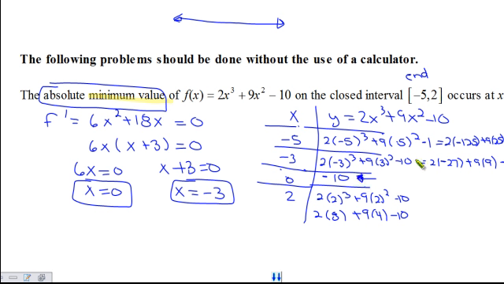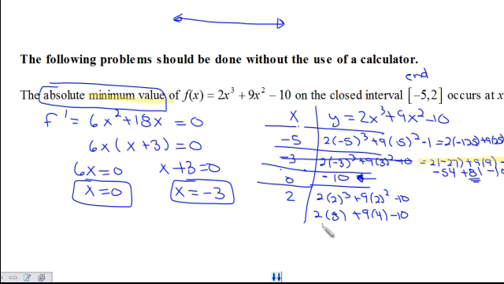Well, you notice when -3, 2 times -27 is -54 plus 81 minus 10. Well, 81 is larger than 54 plus 10. So that means this is going to be a positive number, so it can't be -3.